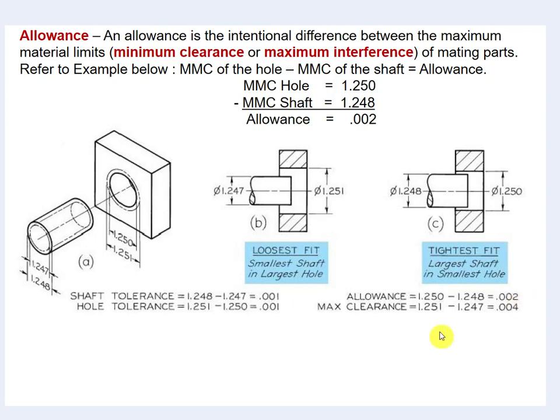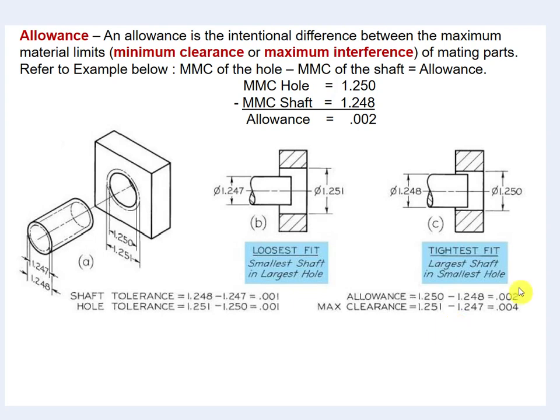Guys, listen to me. With the smallest hole and the largest shaft, we still have a gap in between. This is the meaning of the plus sign. So we got 0.002. That means even when we have the smallest hole and the largest shaft, we still have a clearance, a gap in between.